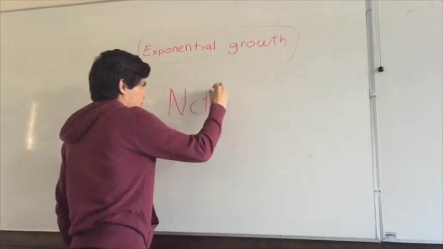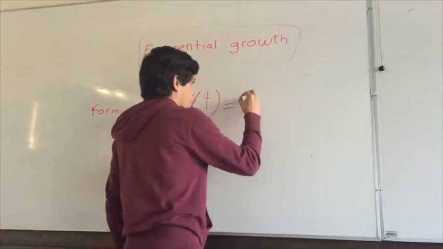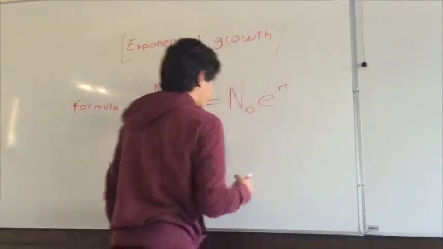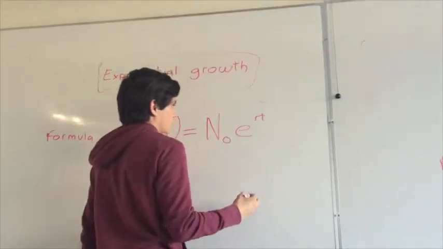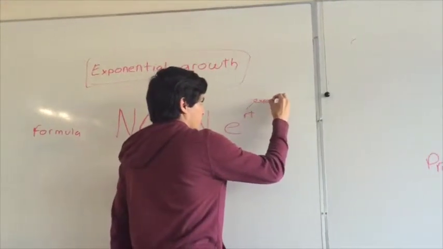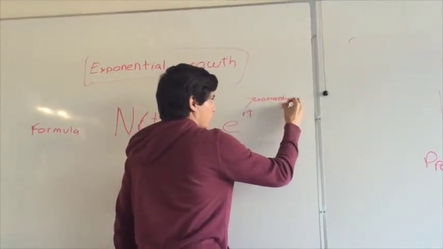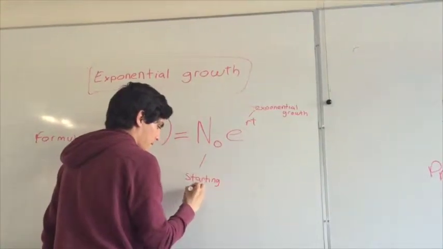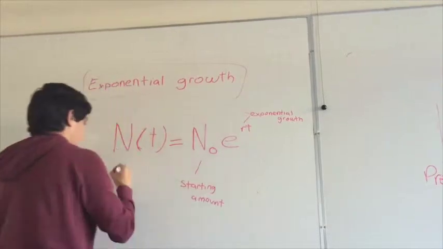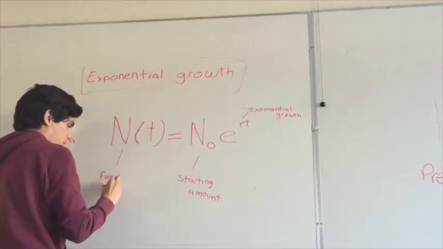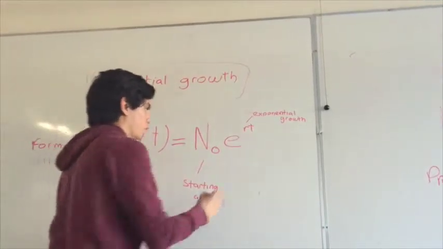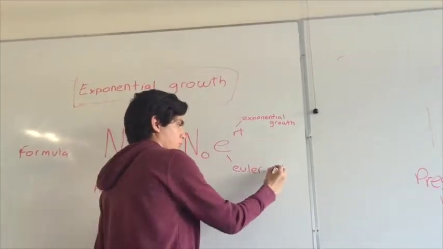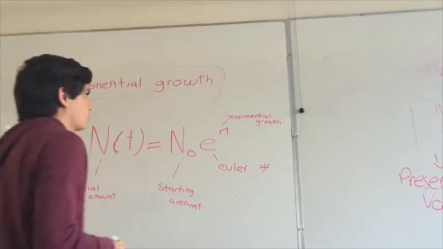N of t equals n0 times e to the rt. r being the exponential growth rate, n0 being the starting amount, n of t being the final amount, e being Euler's number, and t being time.